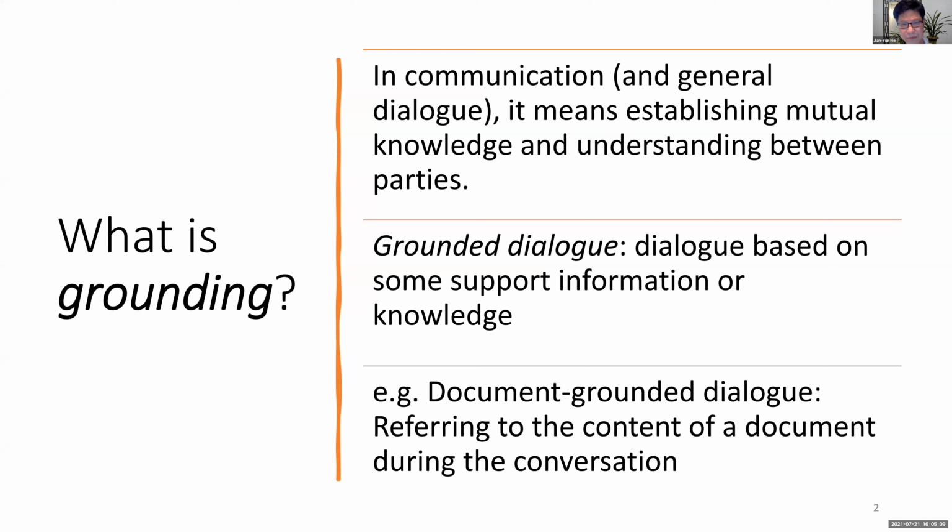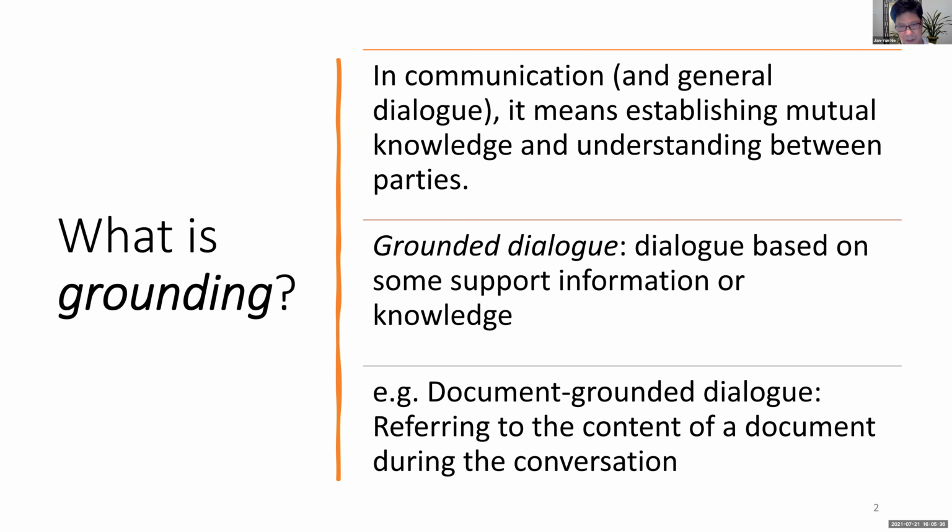So this is what grounding means. But currently in the research work, people are using this word to mean slightly different things. So by grounded dialogue, we mean that the dialogue should be based on some basic information or knowledge that can be found in a document or in a knowledge base. So this is what I mean by grounded dialogue in my talk.